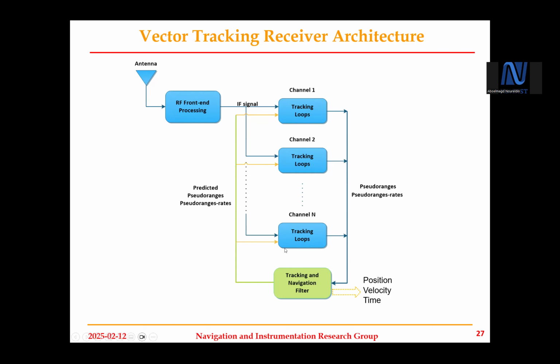Now I have 9 channels cooperating to provide pseudo ranges and then velocity from this position. I calculate the pseudo ranges and I tell each channel the range you should see is this much. With that, it can fix the tracking loop.